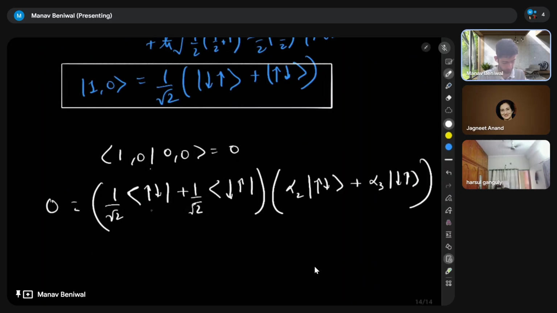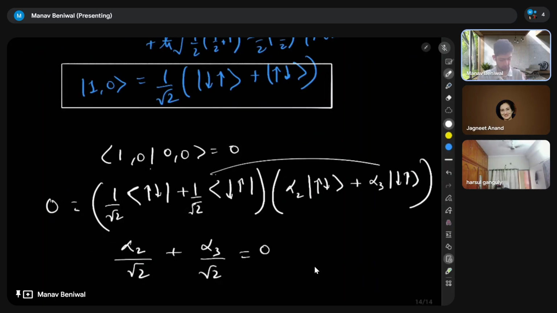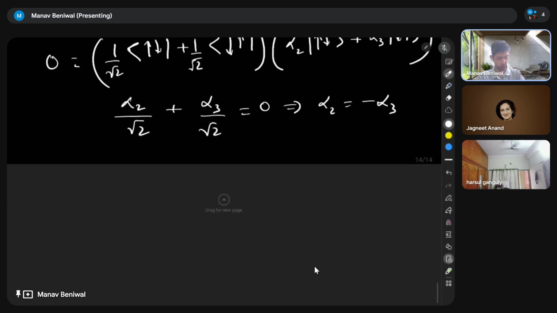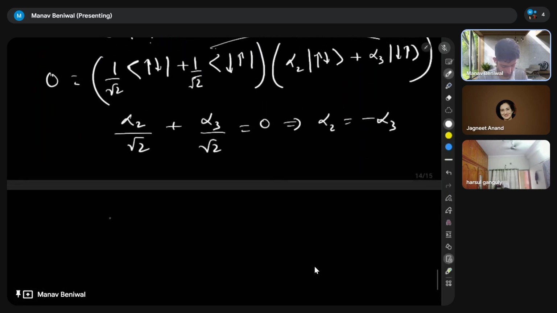This will give me alpha 2 by root 2, and this will give me plus alpha 3 by root 2 is 0, which implies alpha 2 is equal to minus alpha 3. Also we have the normalization condition, which gives alpha 2 squared plus alpha 3 squared must be 1.